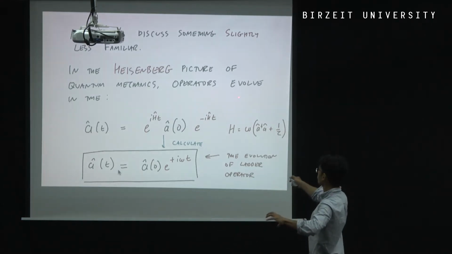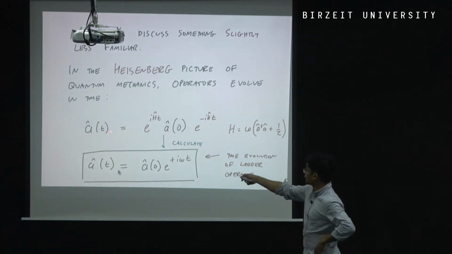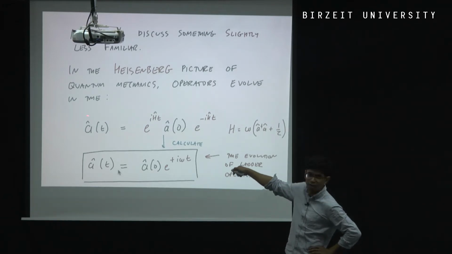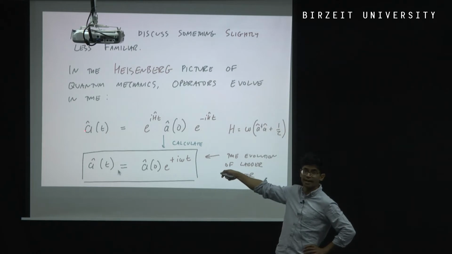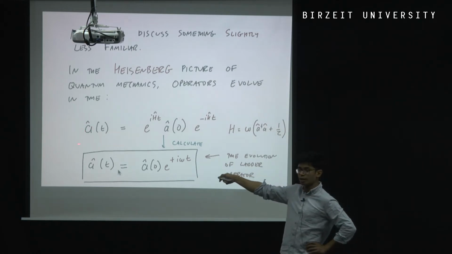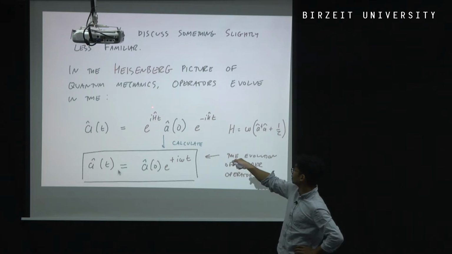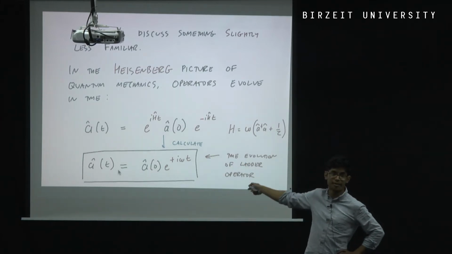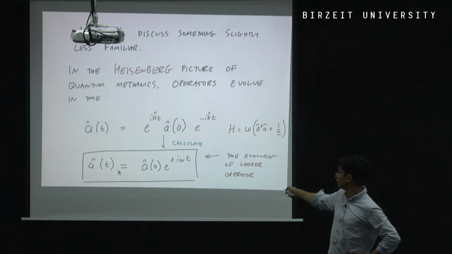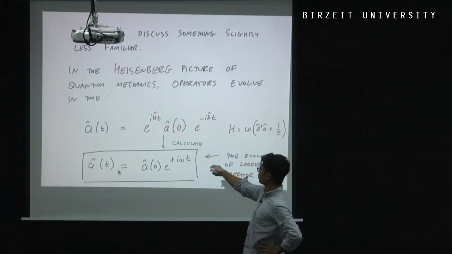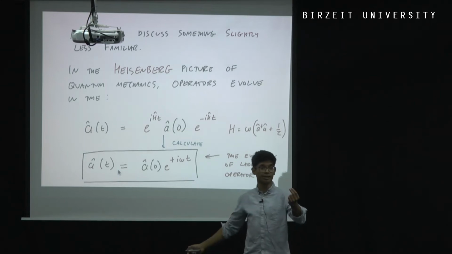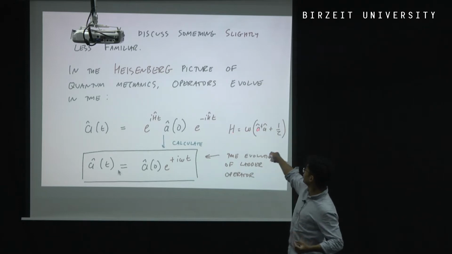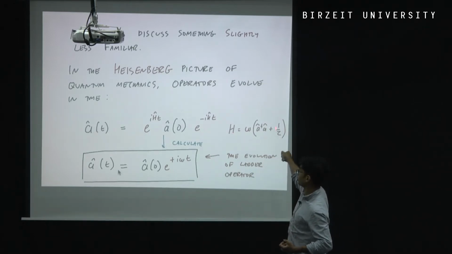In the Heisenberg picture, the operators change in time, and the way to figure out the operator at some time, so for example, let me take the lowering operator, A, is you act on both sides with e to the iHt, where H is the Hamiltonian. So if you want to figure out what A of t is at later times, you just do this and then calculate what happens using this Hamiltonian.